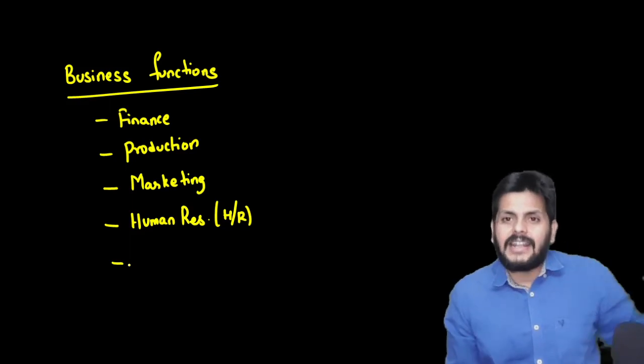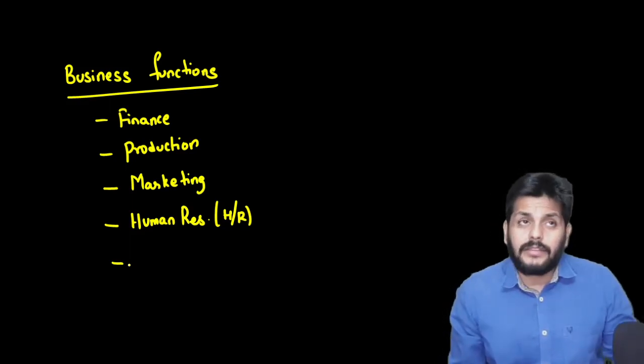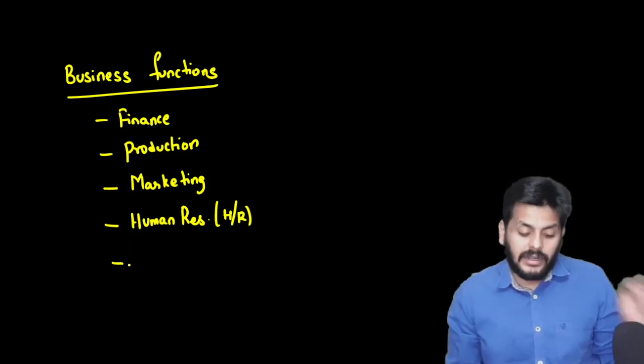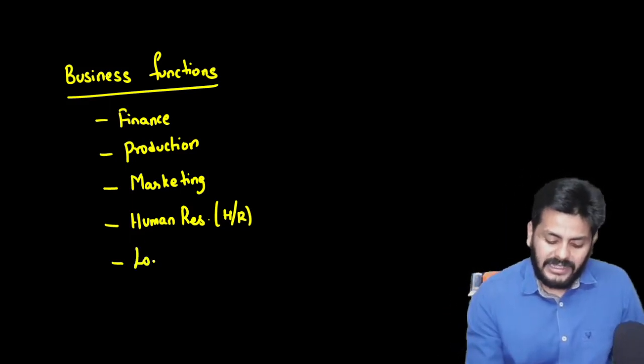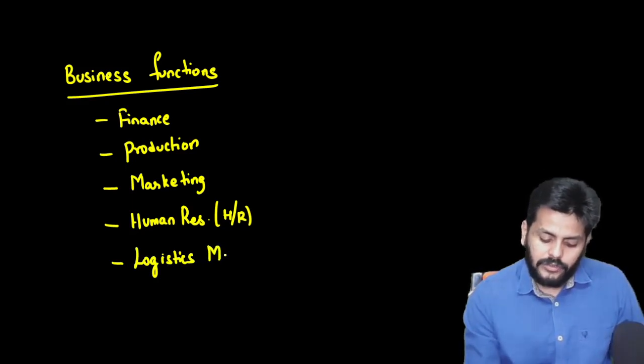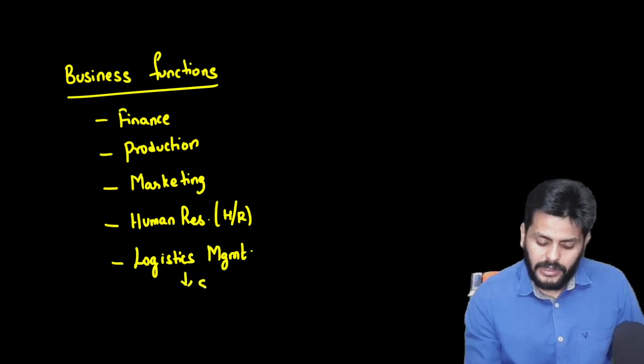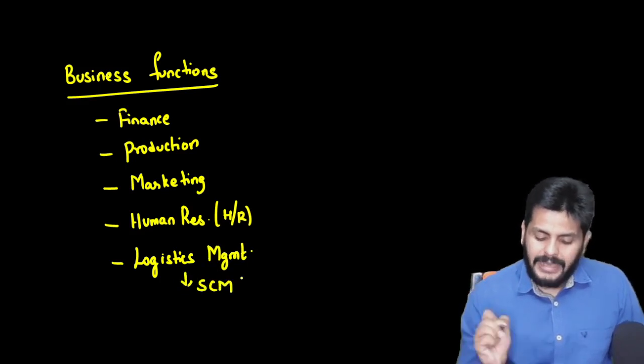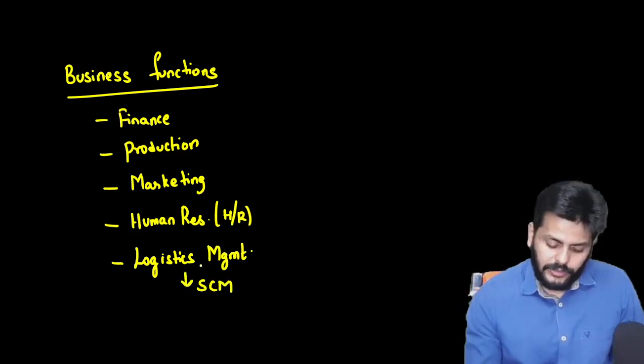And in creating a value chain to build a core competence, we saw how important linkages are. So having an effective logistics management. Now, though logistics deals with movement and storage of goods, there is a broader concept called supply chain management. Of course, we will discuss it, nothing to worry.